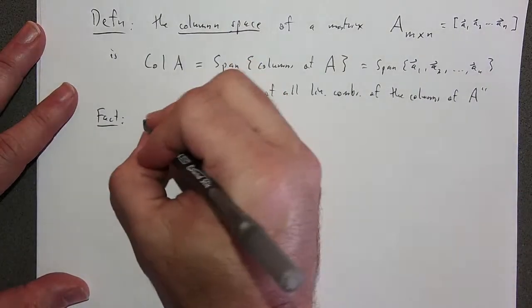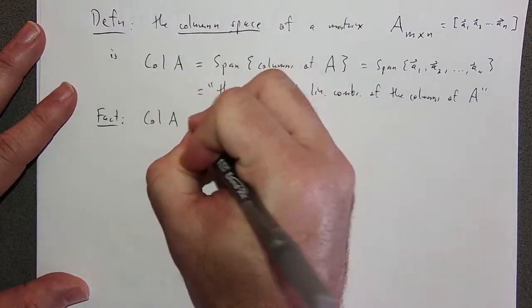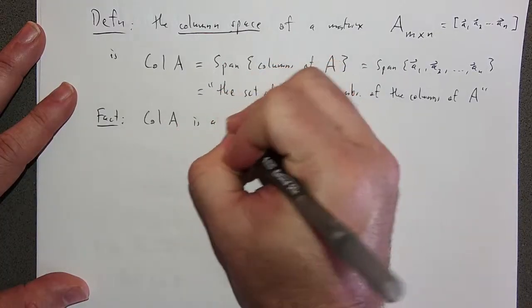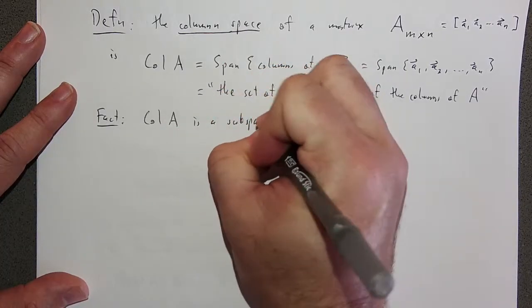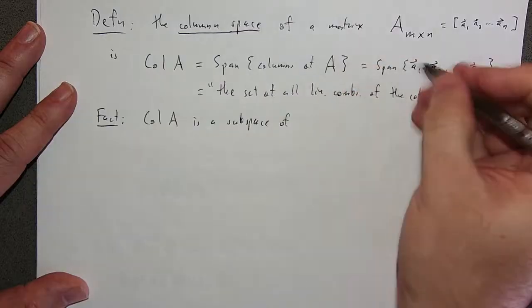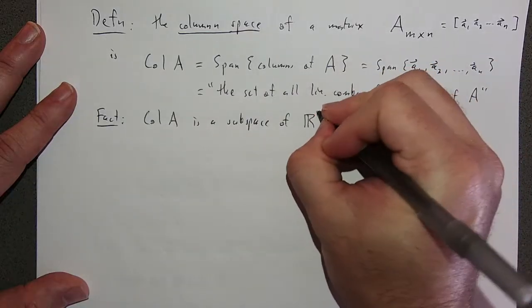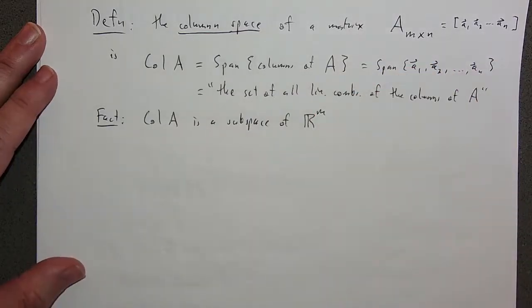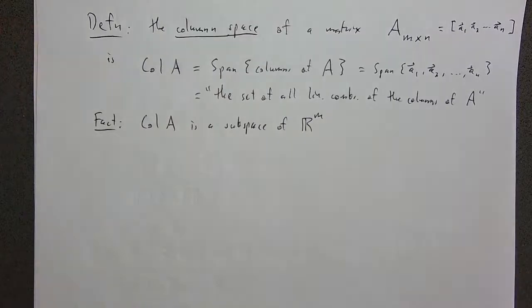And so the column space of A is a subspace of Rm. Now, it may be all of Rm. It could be. But it is not guaranteed to be.